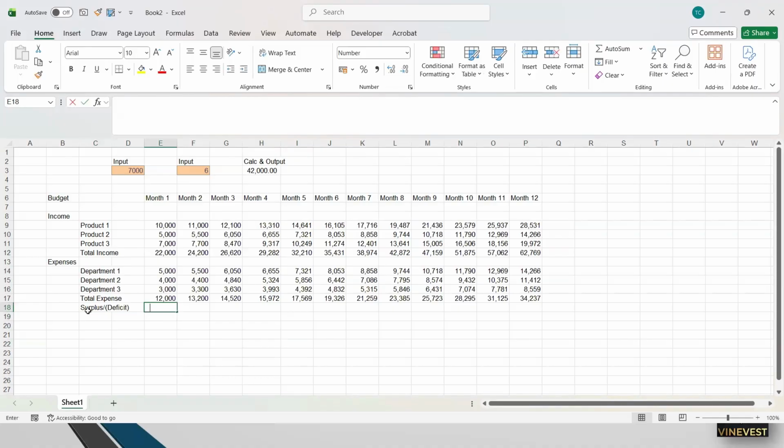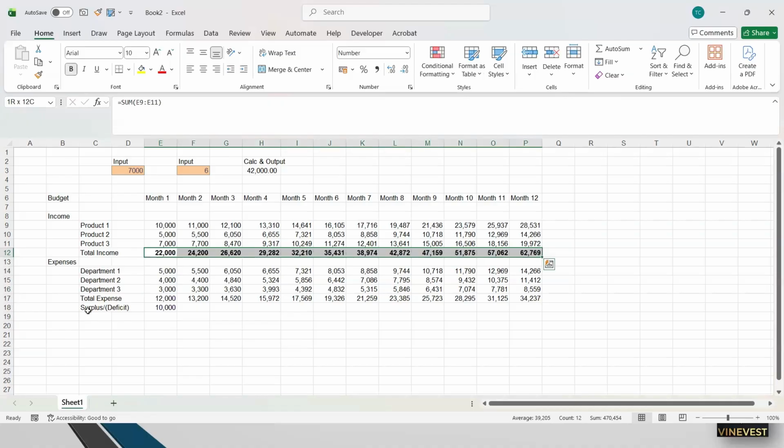If it's a surplus, that means we are on positive, right? It means our income is greater than our expenses. But if it's deficit, it means our expenses is greater than our income. Is that true? Yes. Okay, let me format it better so that it can look better, right?